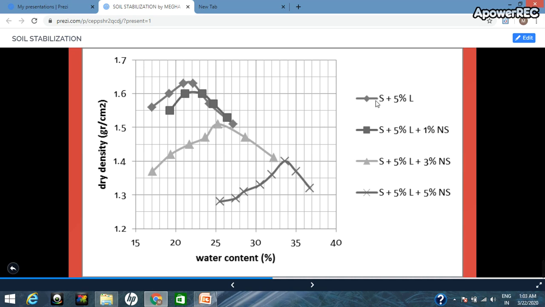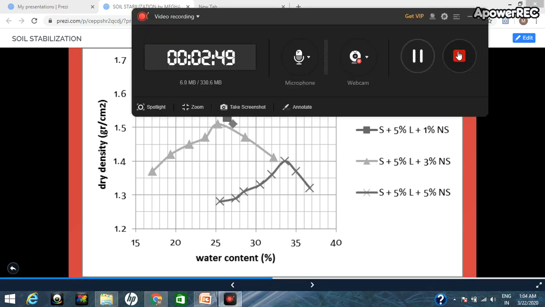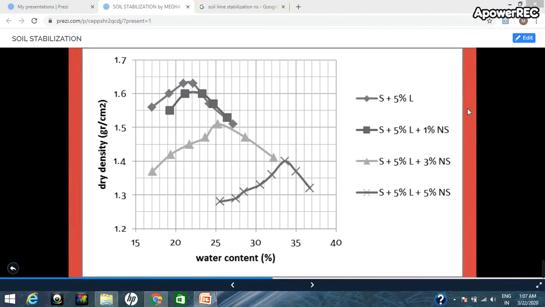The second one is soil plus 5% lime and 1% nanosilica, then 3% nanosilica and 5% nanosilica.